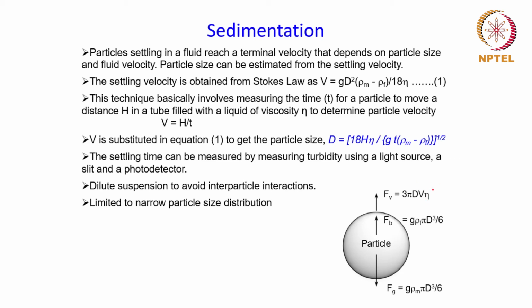The frictional drag force Fv, which is given as 3 pi d v eta, wherein d is the diameter of the particle, v is the velocity, and eta is the viscosity of the fluid. So this is the Stokes law which gives this frictional drag force acting on the particles.